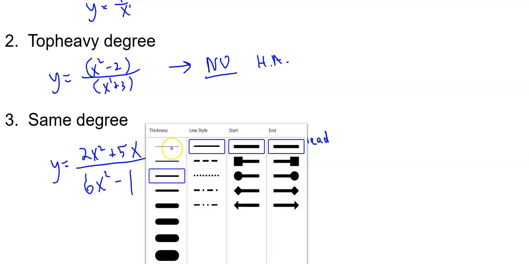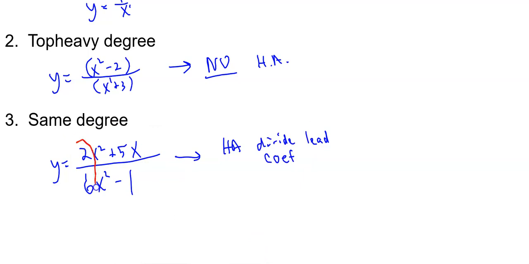In this case, the numbers in front of the largest term, x squared, are 2 and 6. So you'd have y equals 2 over 6, or 1/3 would be your horizontal asymptote for this example. But you divide the leading coefficients, whatever the two leading coefficients are. That will be your horizontal asymptote.